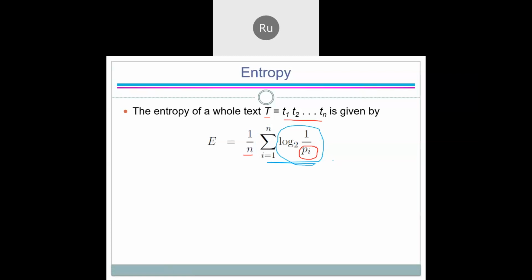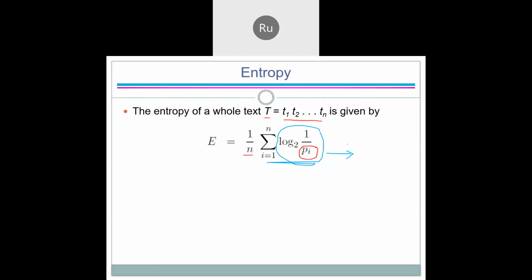When the probability of that particular symbol is 1, that means the symbol exists almost every time, right? Do you agree with me? If the probability of symbol i is 1, that means that symbol is always there. So they occur more times than the other symbols that we have.